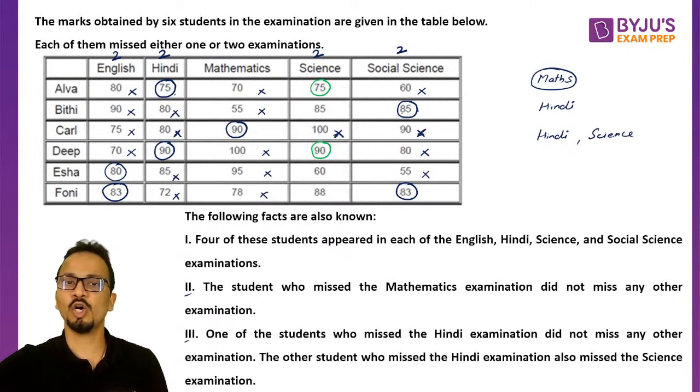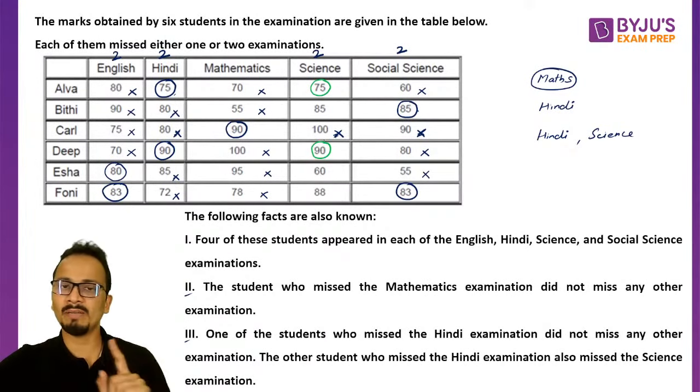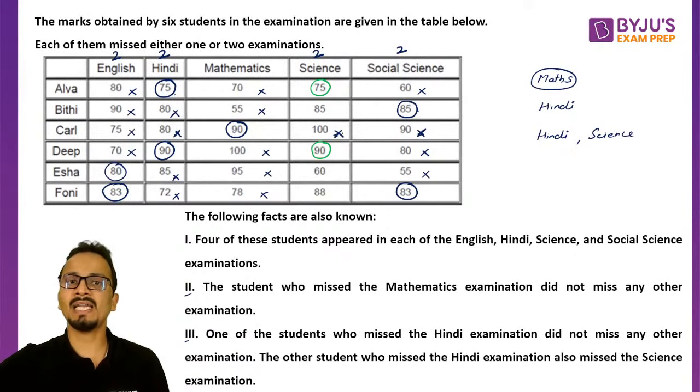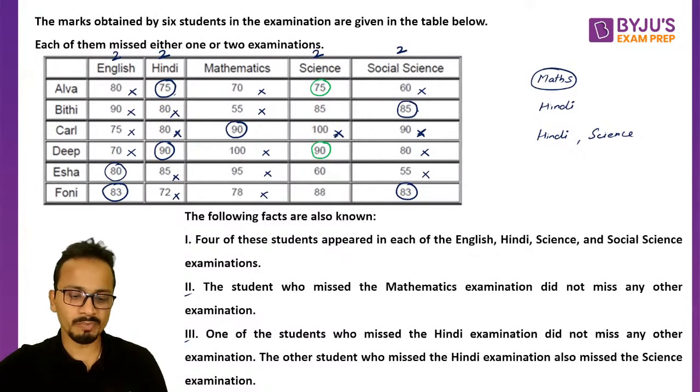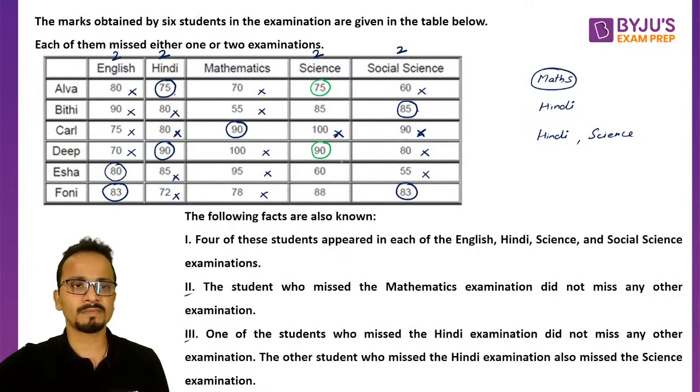All right. Now there is one person left who will miss the science examination. Out of Alva and Deep, one person will miss science, and of the remaining, Kal is already cancelled. So one person among Bithi, Isha and Phony will miss the science examination. Let's see who that is.